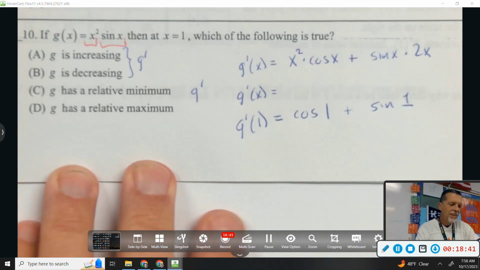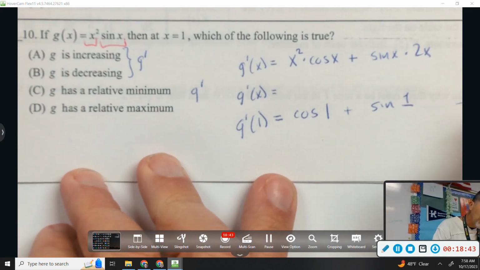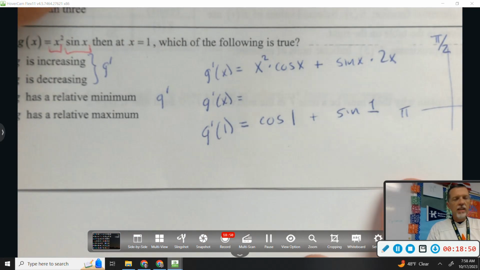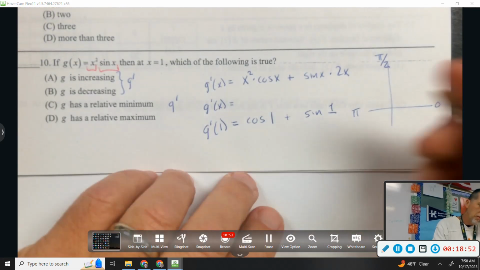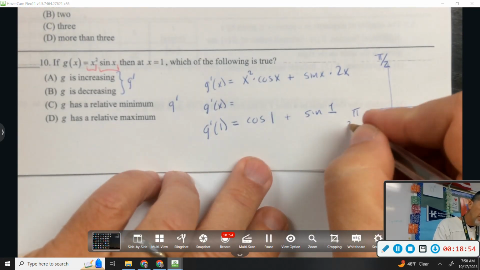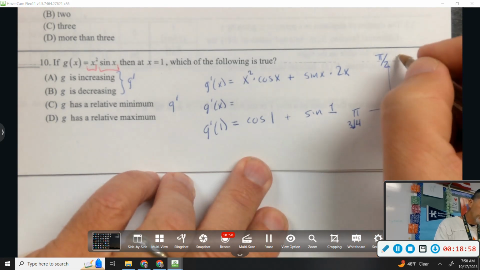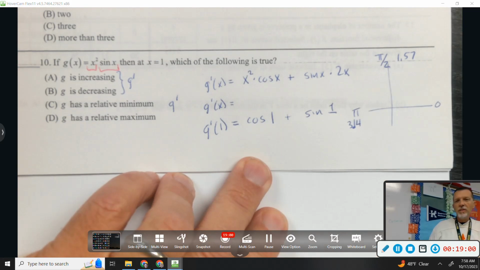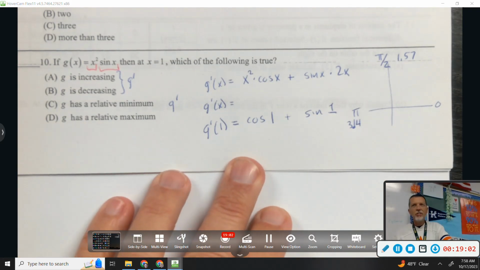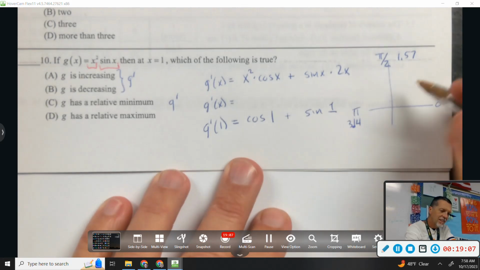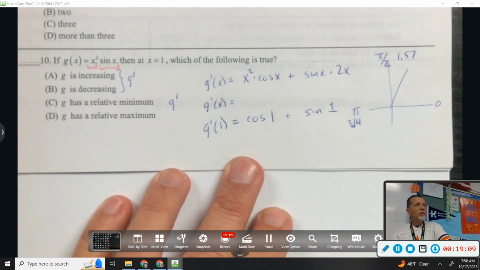Like, well, what is that sine and cosine of 1? Let's see. Pi is 3.14. So pi over 2 is 1.57-ish. So that means 1 is, I don't know, somewhere in the first quadrant, which is all I need to know.